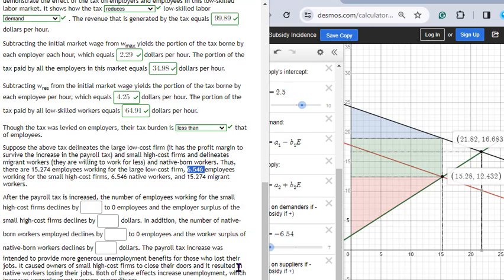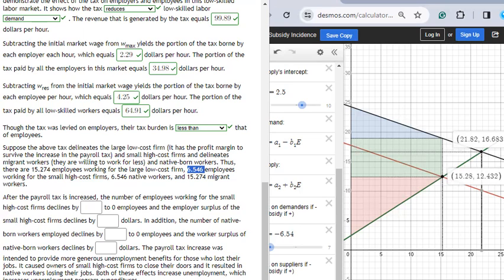So there's 6.546 employees working for small high-cost firms, and those are all native workers. There are 15.274 employees working for the large low-cost firm, and they are all migrant workers. So we're going to use this tax to delineate the large low-cost firm from the small high-cost firms, and migrant workers from native workers, okay?